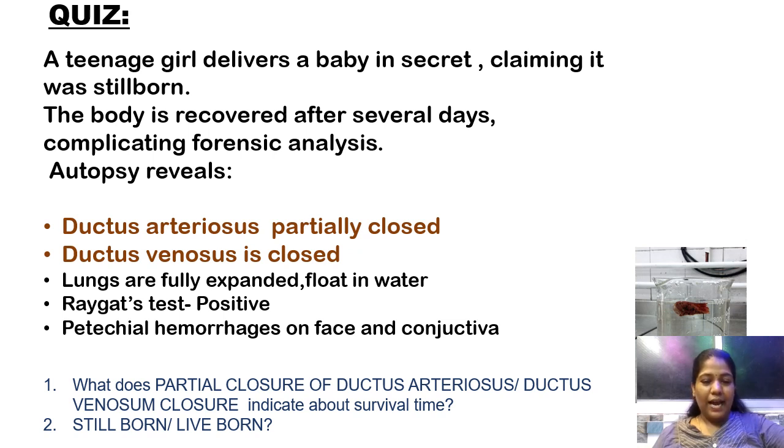So based on this, the baby would have survived more than 7 days, since ductus venosus is closed, and less than 10 days because the ductus arteriosus is partially closed. The average survival time is between 7 to 10 days.